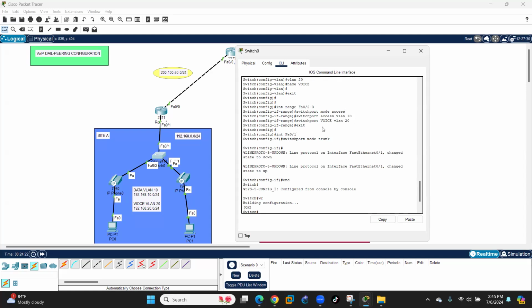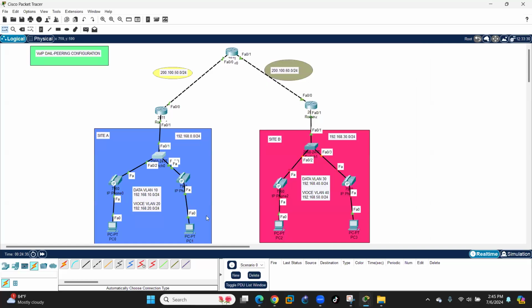So, sir, if it was two telephones there instead of a telephone and a PC, and it's not a PC but a telephone here. If there is no PC, just a telephone and another telephone, then you don't do that configuration.